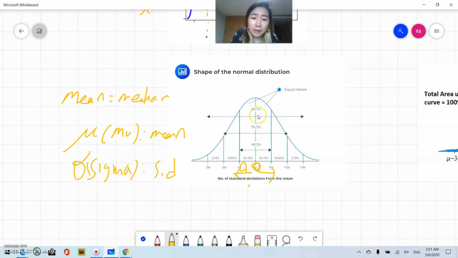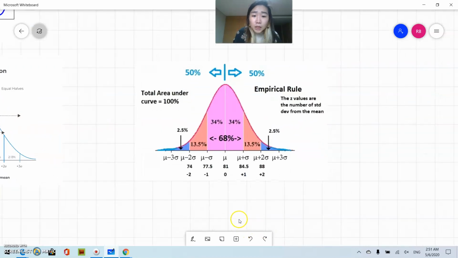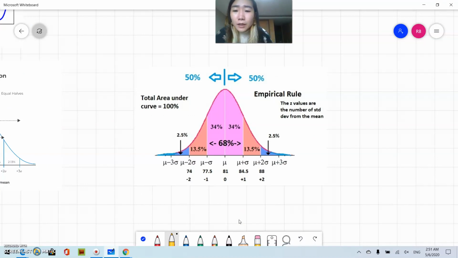And we're going to look at this percentage a little more carefully using the empirical rules. In a normal distribution and a normal distribution only, empirical rules apply. The empirical rule is sometimes called 68, 95, 99.7, I think.